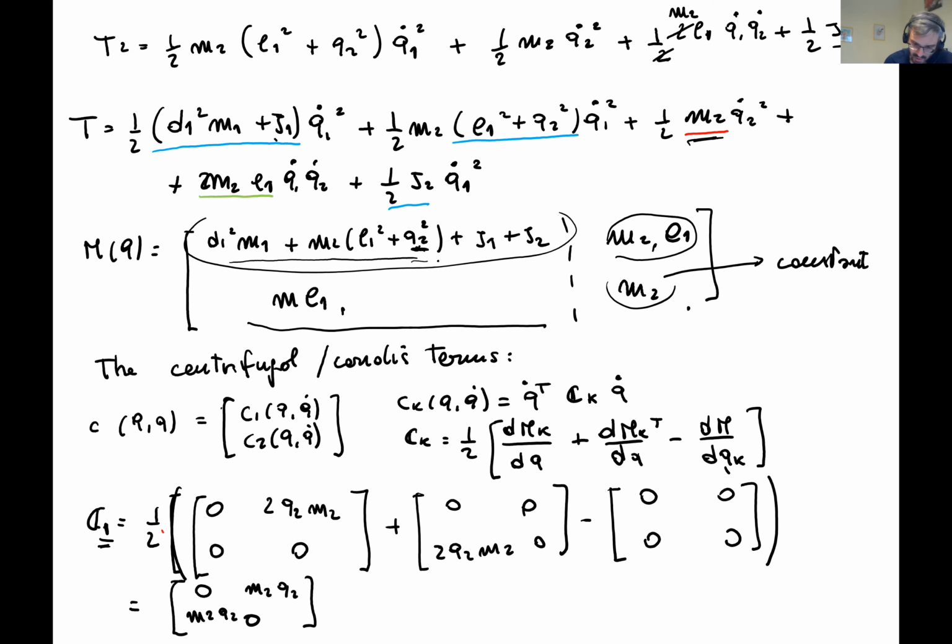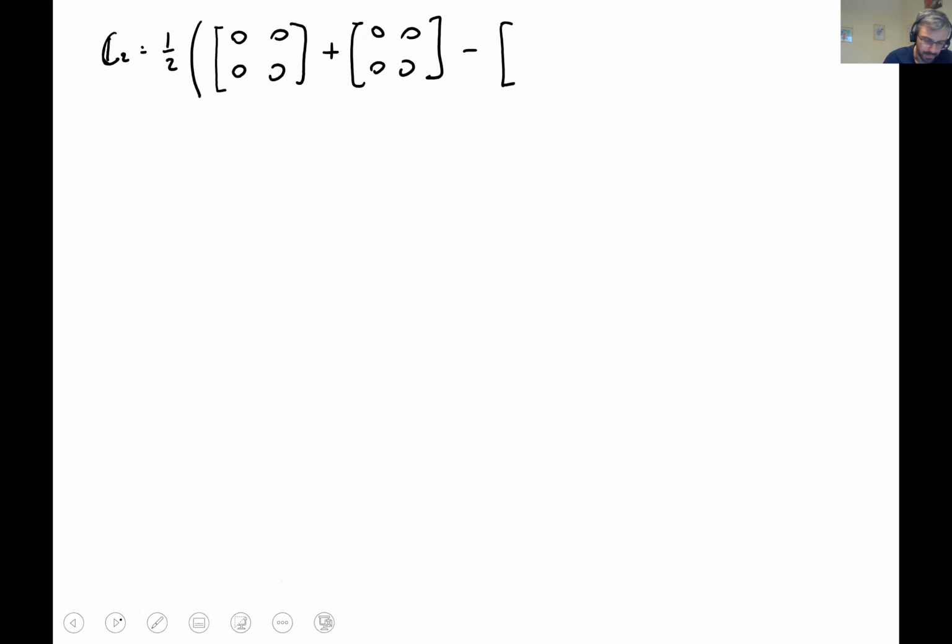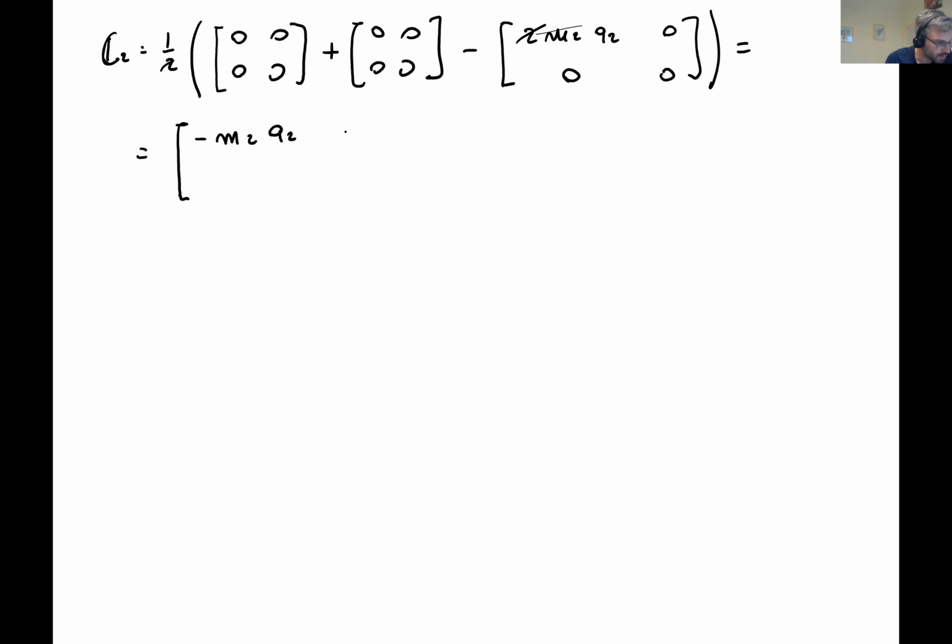So the only one is this one, and the differentiation with respect to Q2 of this entry is 2 M2 Q2, and the other ones are zeros. So in essence, this simplifies here, and we get M2 Q2 0 0 0.